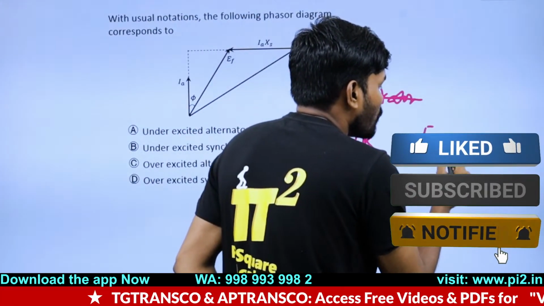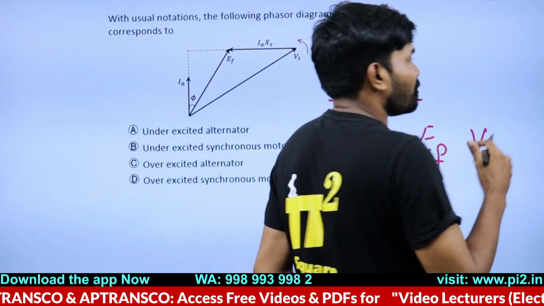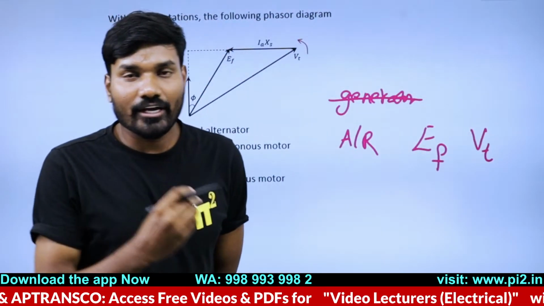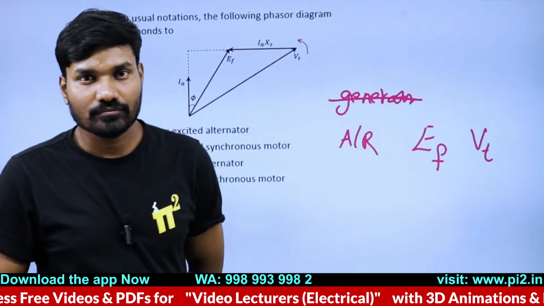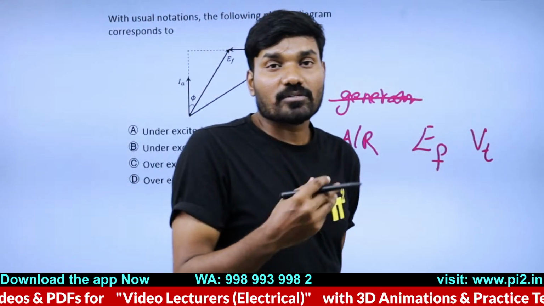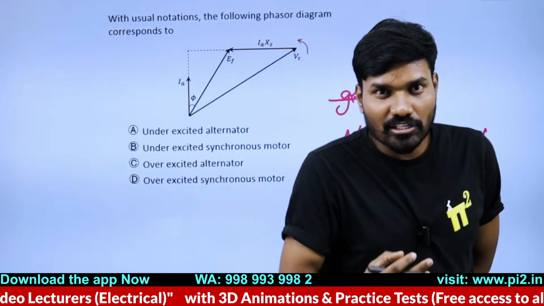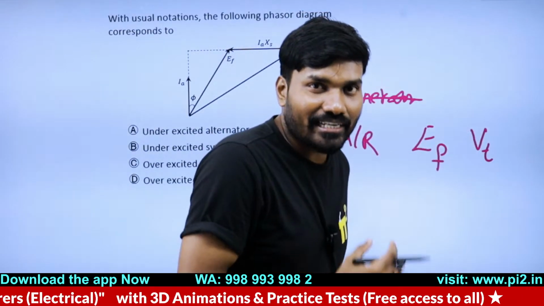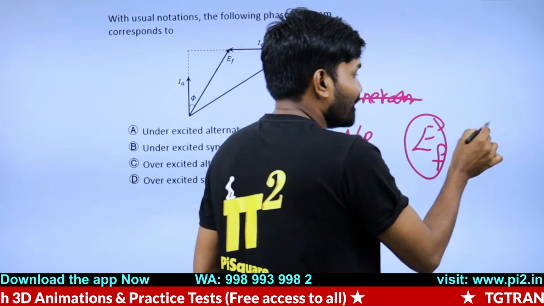Does the induced EMF come first or the terminal voltage? In an alternator, the purpose is to generate the voltage. So it first induces the EMF, then it gives it to the terminal. So this comes first, this comes next.